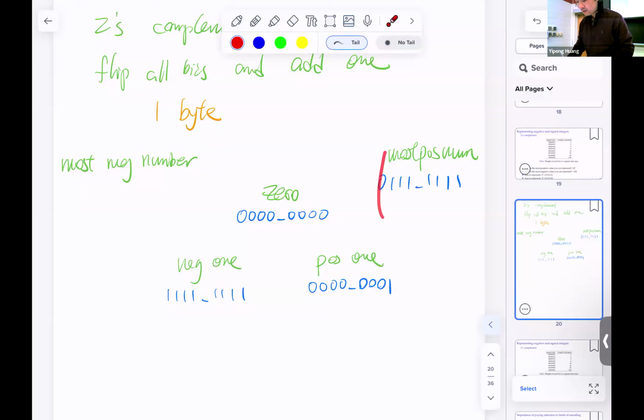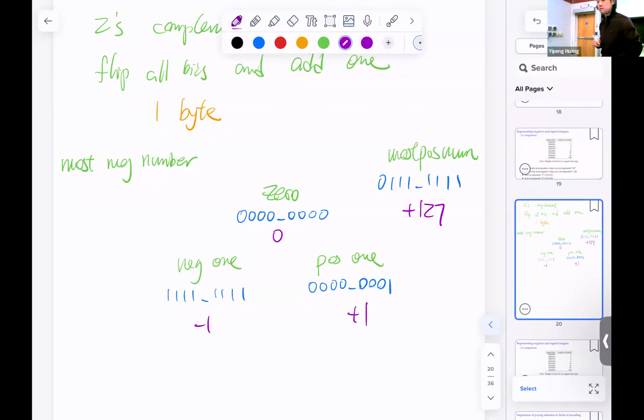If we dedicate that first bit to encode sign, then given a single byte, the largest, most positive number is 0 followed by all 1s. And what's that numerical value? Seven ones. Yeah, it's 127. We talked about that already.